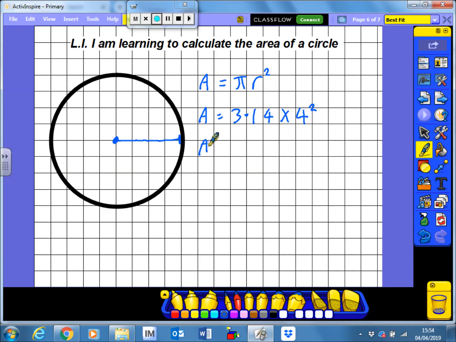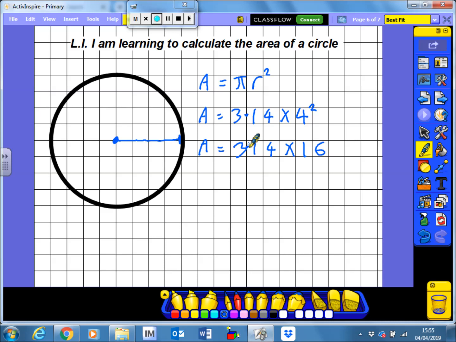Well, let's just solve one bit at a time. So I'm going to start off with the 4 squared. 4 squared is just 4 times 4, the answer to which is 16. So 3.14 times 16 will give us our answer. Now, I could do this as a formal multiplication sum.